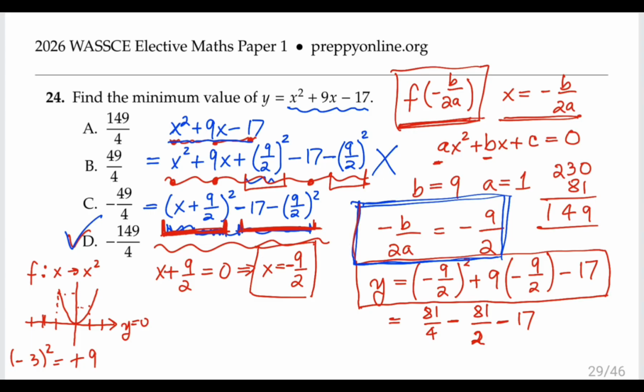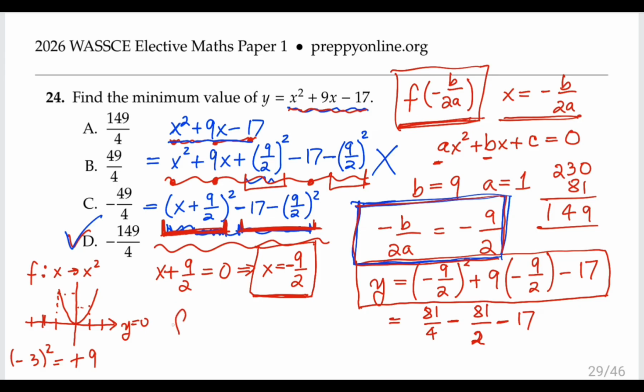And remember, that's the same quantity we got when we used the formula for the line of symmetry. And we got the same thing when we used calculus. So this is telling us that the minimum of this quadratic, or this expression, is going to occur when x equals minus 9 over 2.